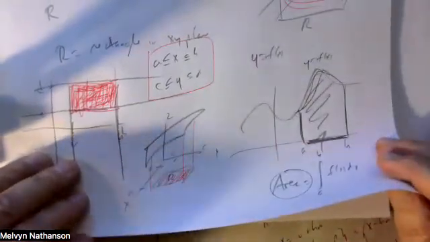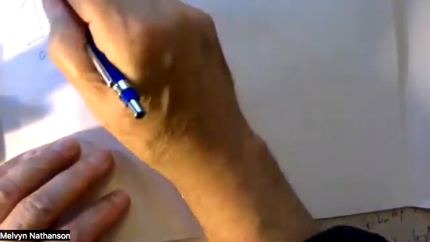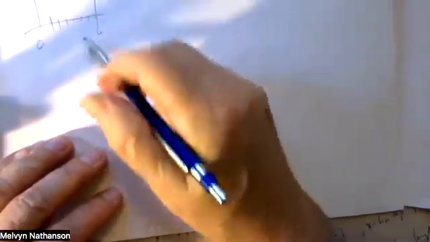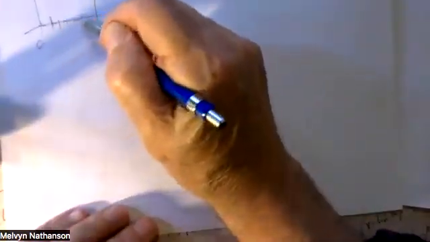Now think for a second, if you can remember back to Calc 1 and Calc 2, how you'd find the area under this curve y equals f of x from a to b. You took the interval from a to b, divided it into a finite number of subintervals.